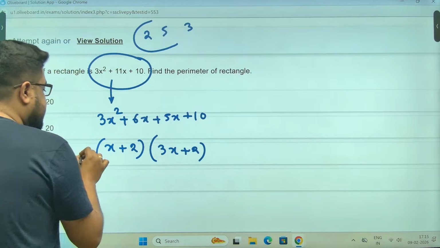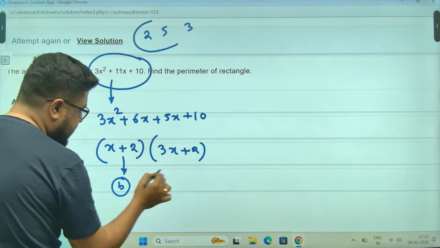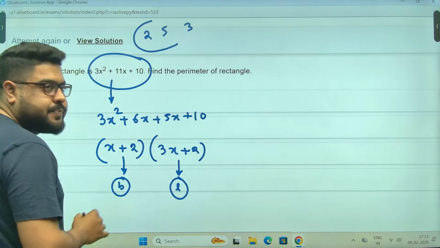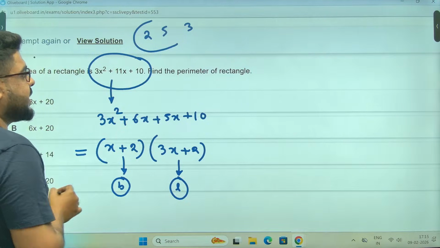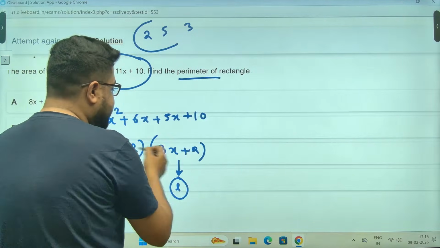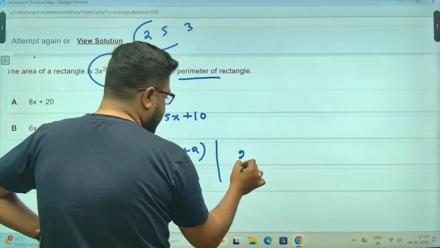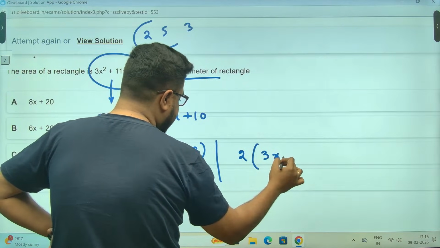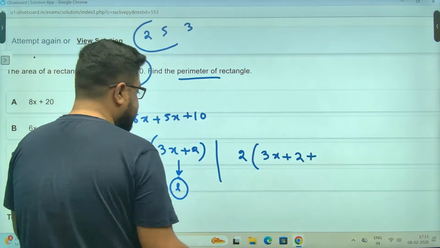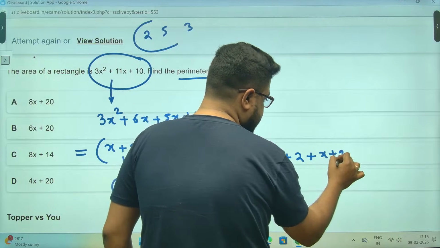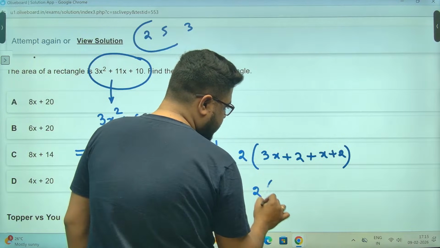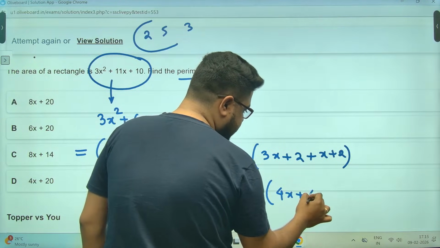So this is definitely breadth and this is definitely length, sir. After factorizing, perimeter will be sum and twice. So twice of length plus breadth is 2 into 4x plus 4, sir.